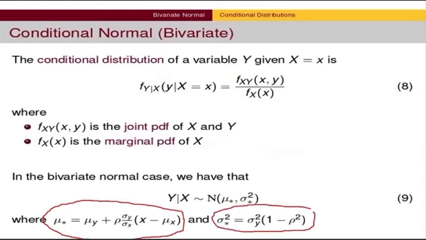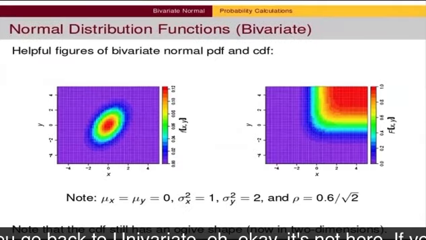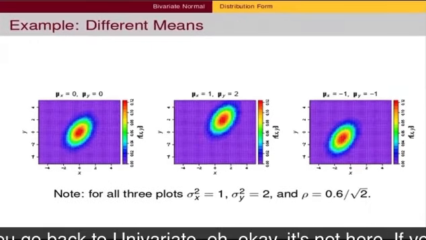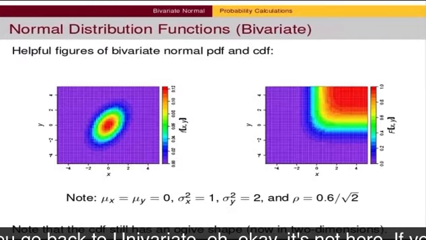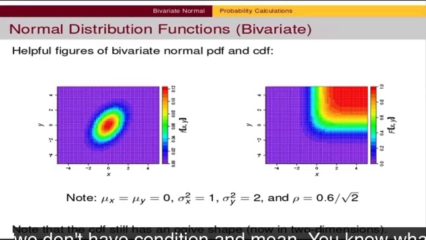Now, here, if you go back to univariate, oh, okay, it's not here. If you go to the univariate normal, we don't have conditional mean. You know what we have? We only have unconditional mean and unconditional variance.